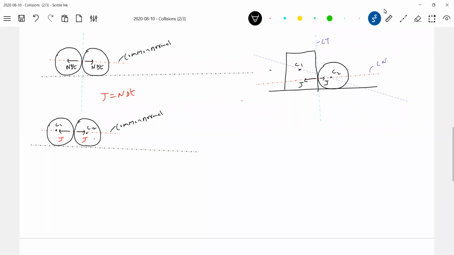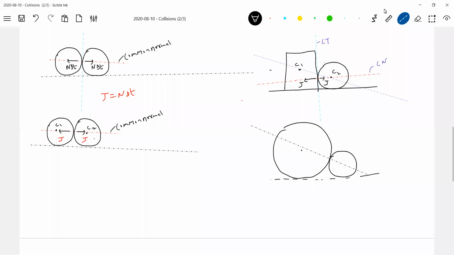Any arbitrary shape you can take. I just took this square and this one. So suppose, sir, you take two spherical objects. They'll collide. Now what about this? So these will be the centers. Now this should be the common normal, no?